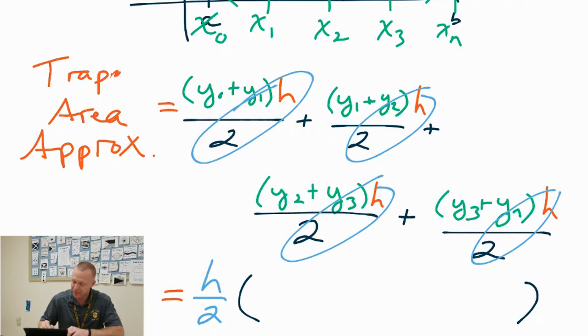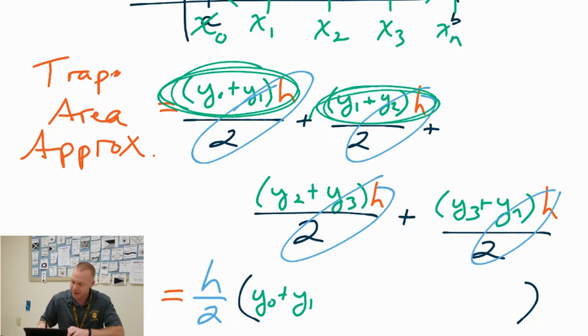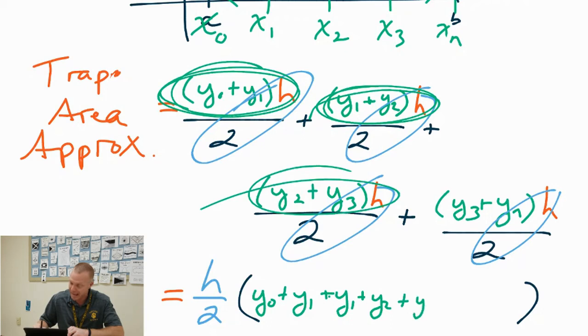If I take my first set of y values, it's y sub 0 plus y sub 1. My next set is y sub 1 again, plus y sub 2. My next is y sub 2 again, plus y sub 3. And then my last one here is y sub 3 plus y sub n.